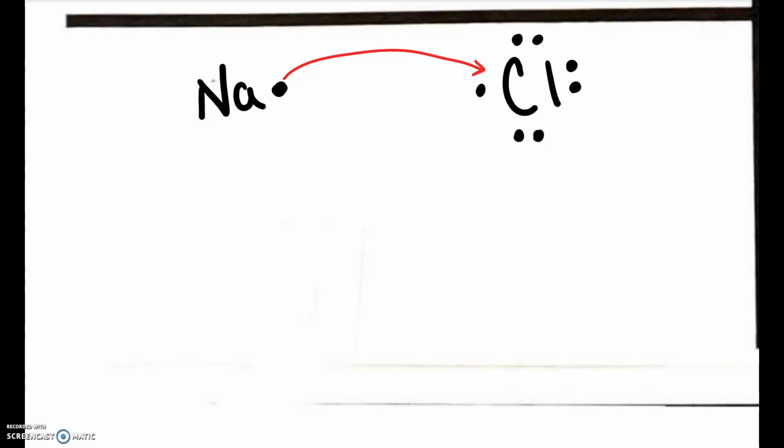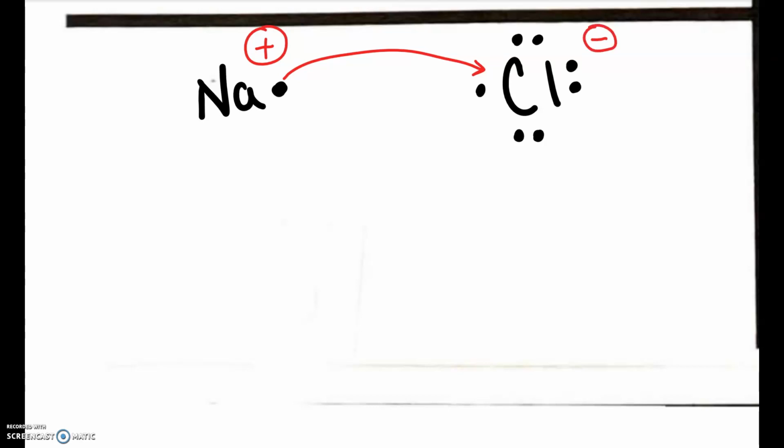It's ready to give away that electron because it has a full valence shell, and chlorine is going to steal it to complete its outer valence shell as well. Now, when sodium loses an electron, it now has more protons, so it becomes positively charged, and chlorine has stolen an electron, so it is now negatively charged.